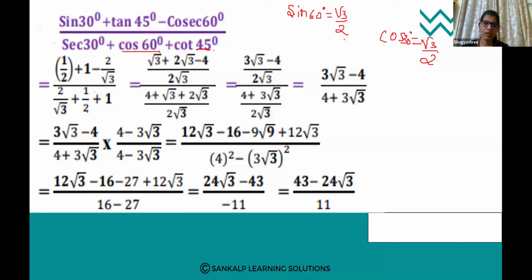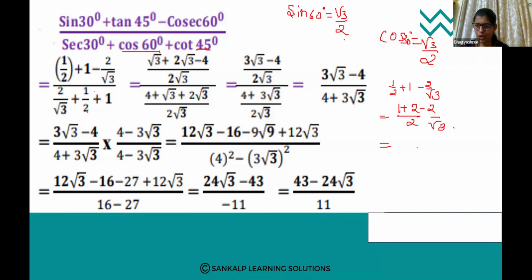Is equal to 1 by 2 plus 1 minus 2 by root 3. So 2 into 1, 1 plus 2 minus 2 by root 3, right?